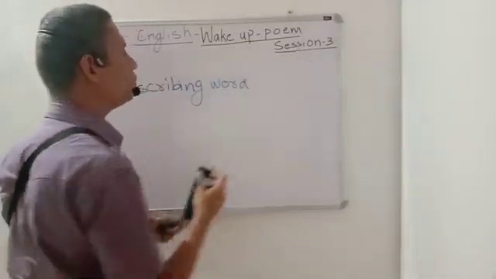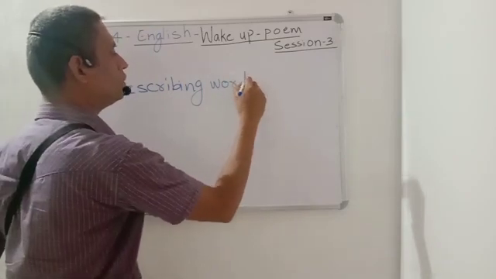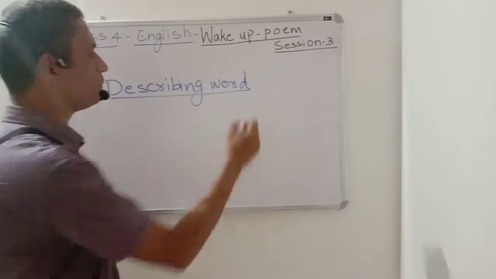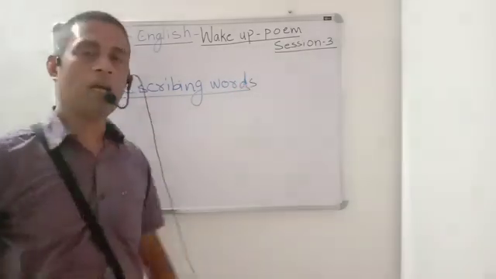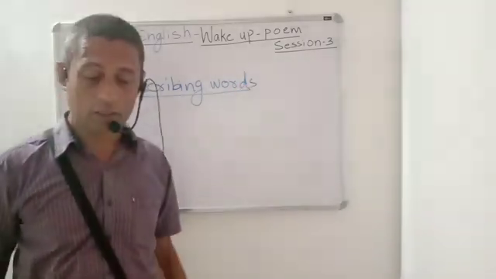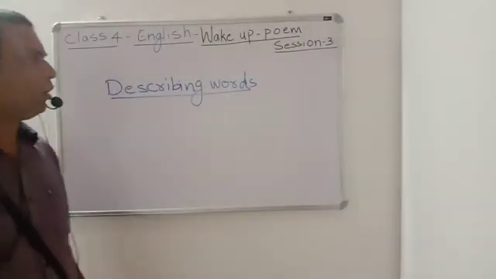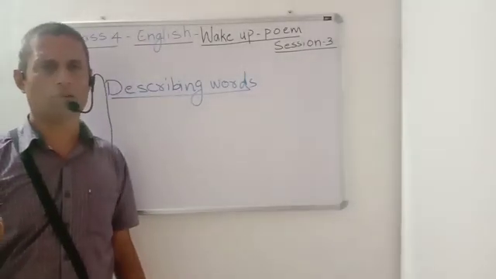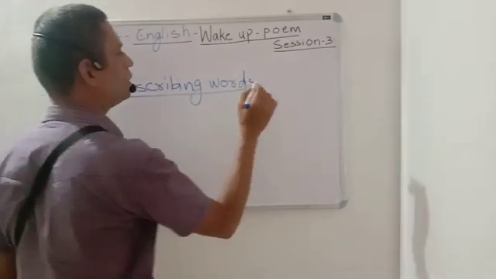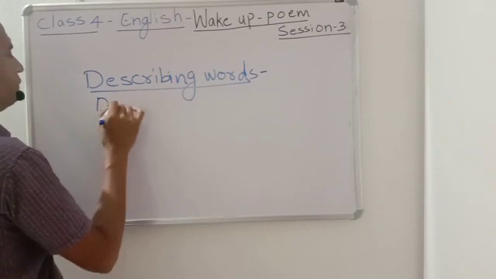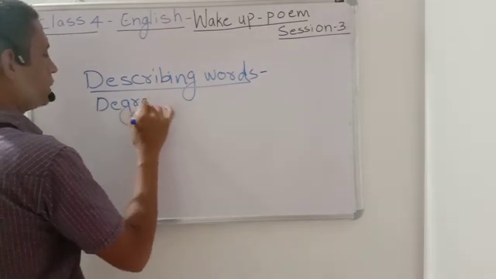We are studying today about the describing words and the degrees of comparison. And what do you mean by this degrees of comparison? Describing words and the degrees of comparison.